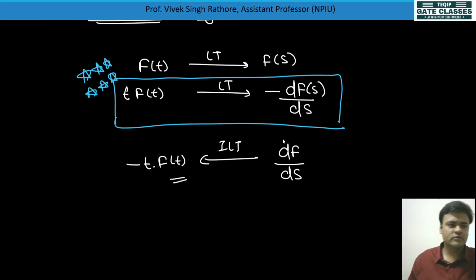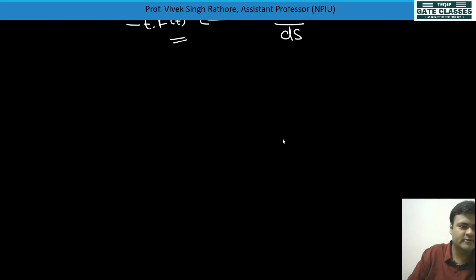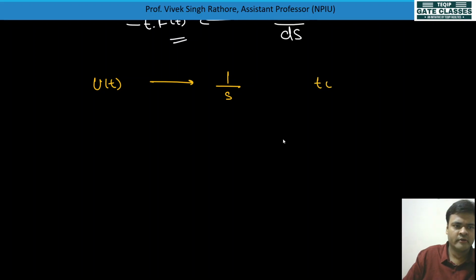Let's see one question. u of t is there, and its Laplace transform is 1 by s. Now t into u of t, then what will happen? Minus dF by ds will come.